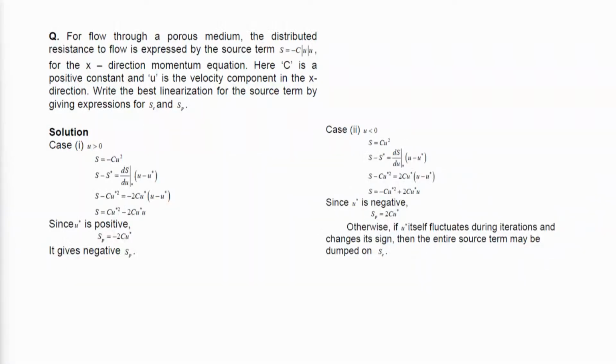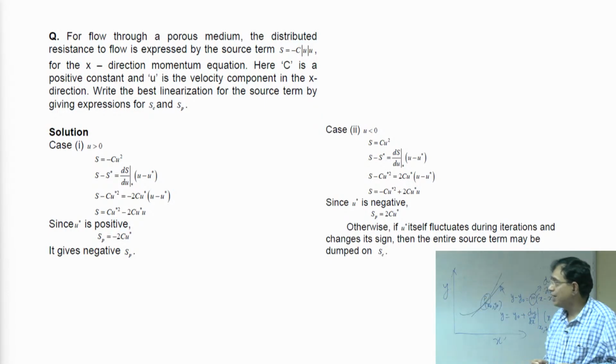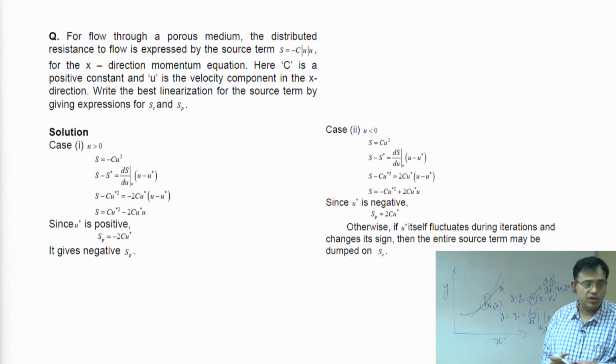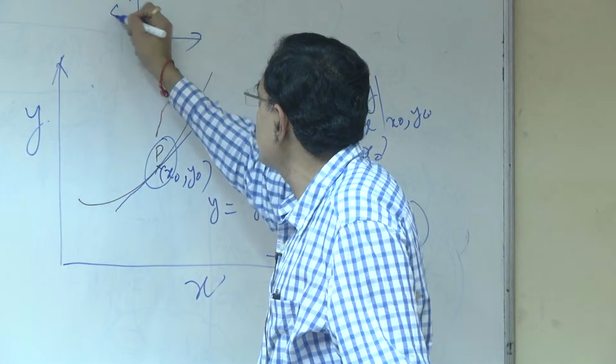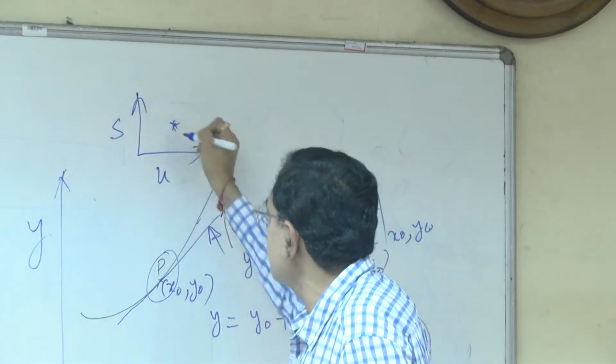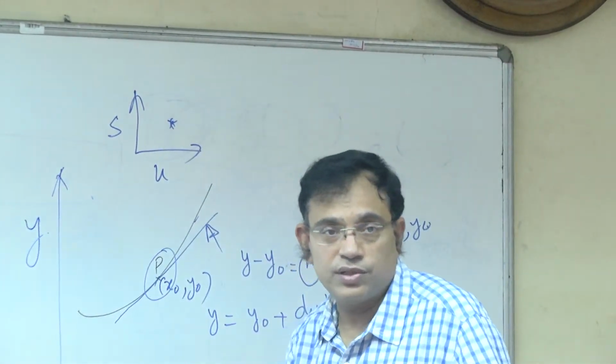That is what I have written. At a point star, S minus S star is dS/du at that star into u minus u star. So, instead of y versus x, it is now S versus u, and your given point is the star at which you are calculating it.